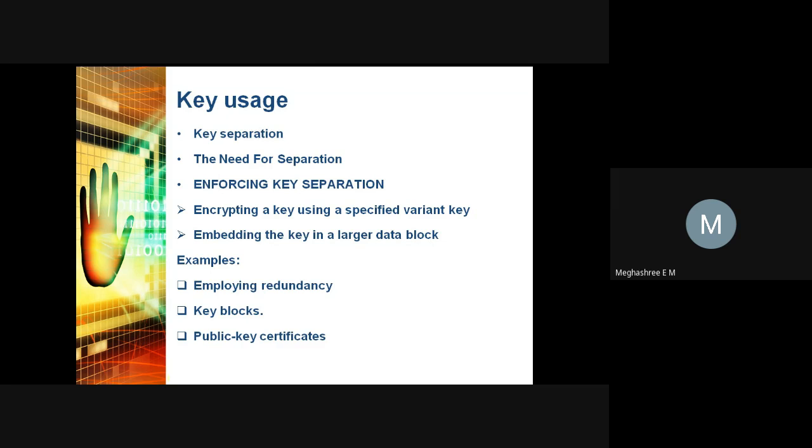And in employing redundancy, for this method they have considered the example of DES, the Data Encryption Standard, where a DES key has a length of 56 bits, but it is usually a 64-bit value, where the 8 spare bits present in the key can be used for other purposes. The spare bits can be used to provide error detection in the event that a DES key becomes corrupted.